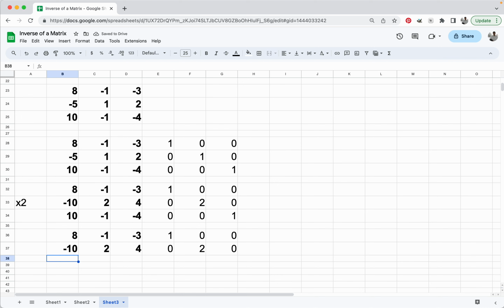Now row 2 and row 3, just add them. 0 2 minus 1 1, 4 minus 4 0, 0 2 and 1. All right. Now this 1 I need to make it 0. So first I will double it, or how do I make this 1 as 0?